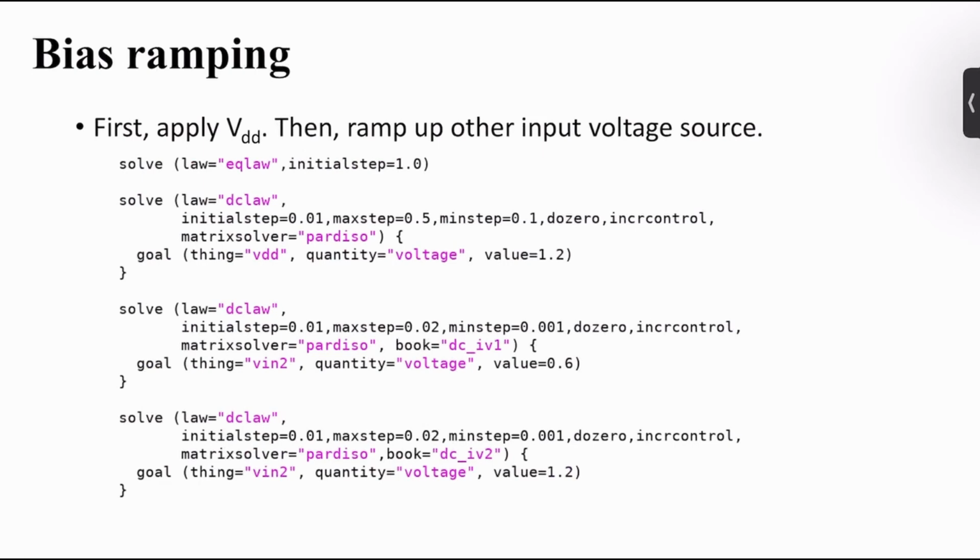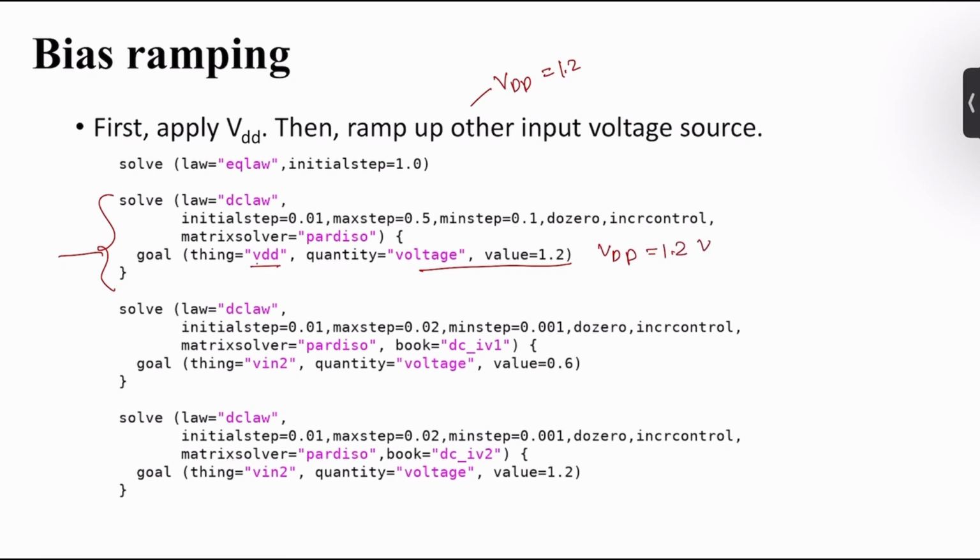In bias ramping, first for the supply voltage, I mean the VDD, VDD should be 1.2. So in the first line of code, when we do the bias ramping, we can do it like this: biasing the circuit so that VDD will be 1.2 volt with this line of code.